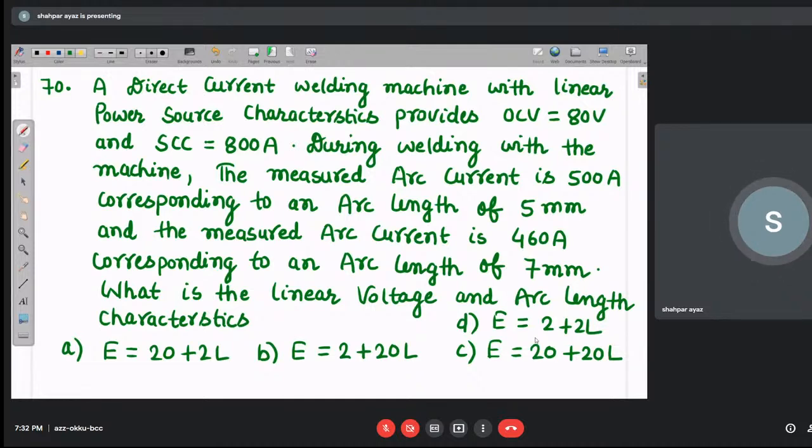Which one is the correct answer, all of you? Done, everyone? Tell me the right answer.